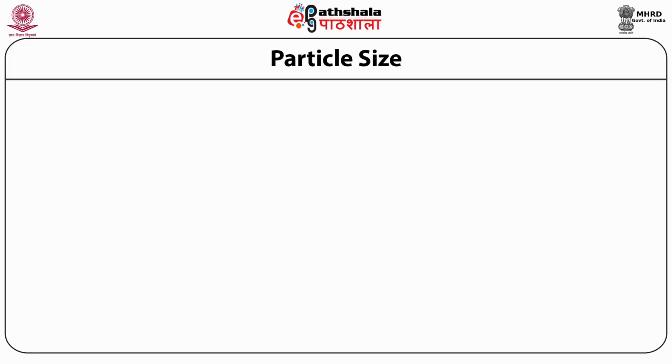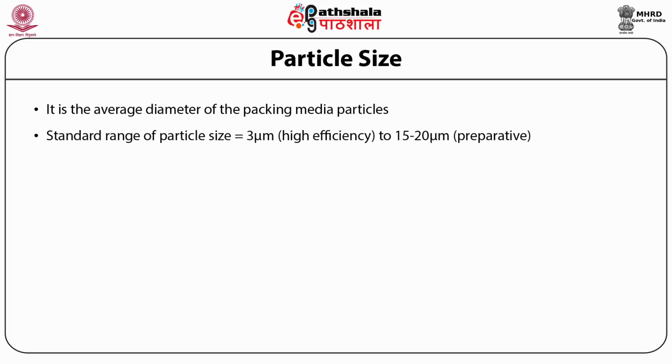Particle size. It is the average diameter of the packing media particles. A standard range of particle size is from 3 micrometers to 15 to 20 microns. The smaller size particles give higher efficiency while larger particle range is used for preparative chromatography.